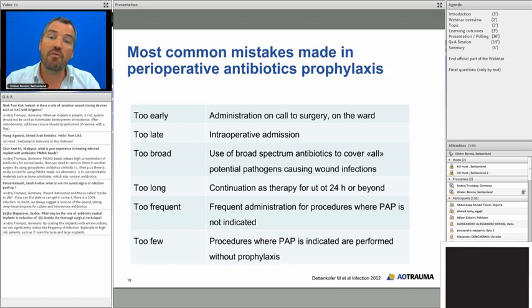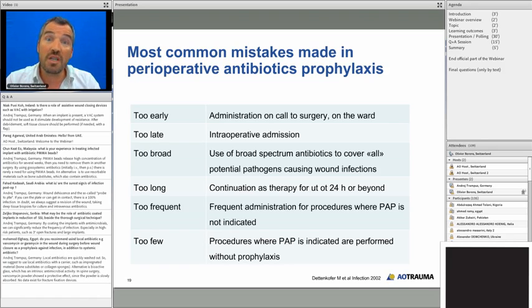If we give the antibiotics too late, they are not going to be there when we are putting in our implants, so this increases the infection risk. There is no need to give too broad spectrum antibiotics because we really should focus on those which are the most likely to cause an infection in a standard orthopedic trauma procedure.